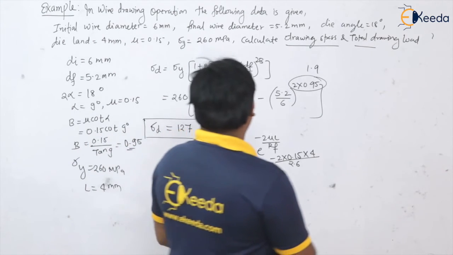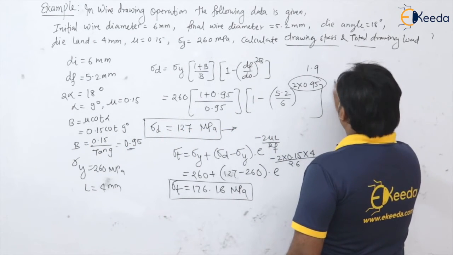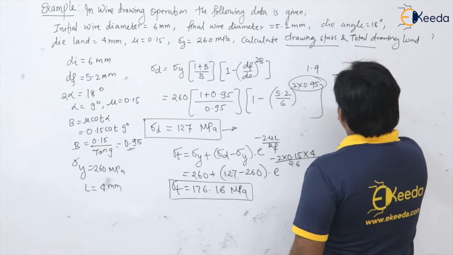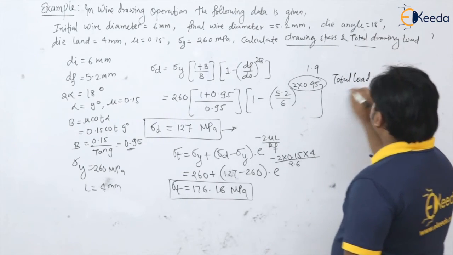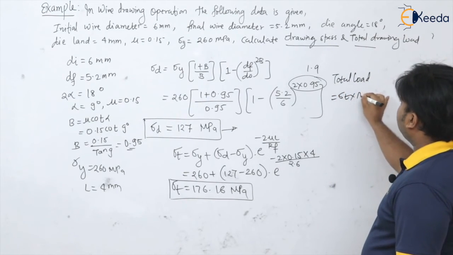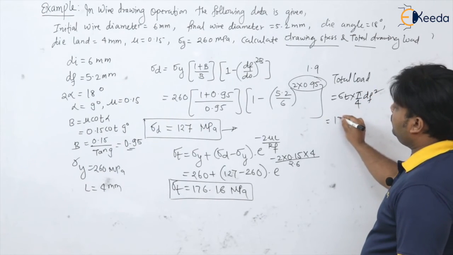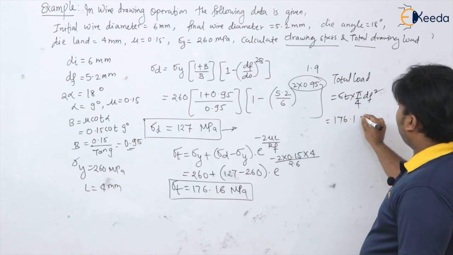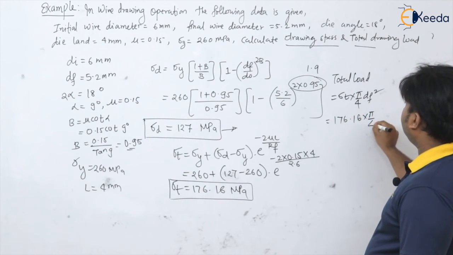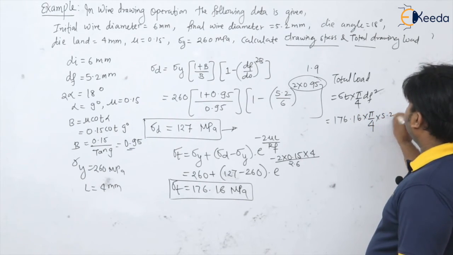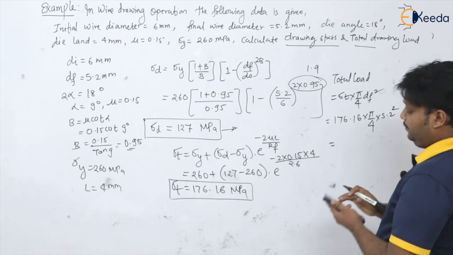Once you get this total stress, the total load is sigma T into pi by 4 D final square. Sigma T is 176.16 into pi by 4 into 5.2 square.